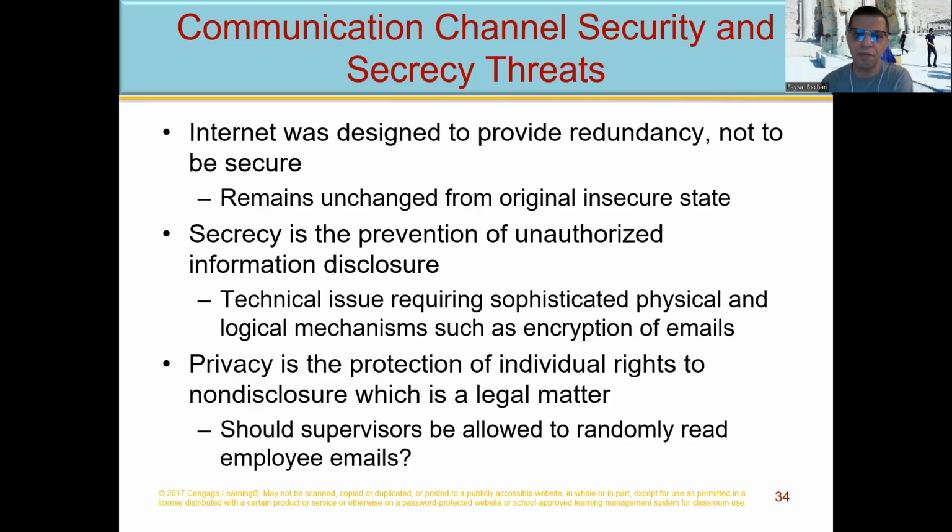Privacy is the protection of the individual's right to non-disclosure, which is a legal matter. And there is a difference between the European way and the American way.